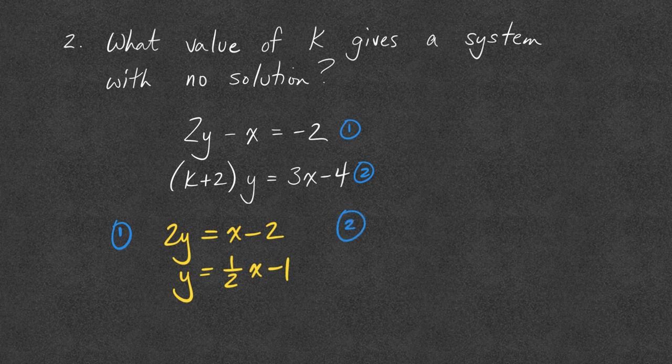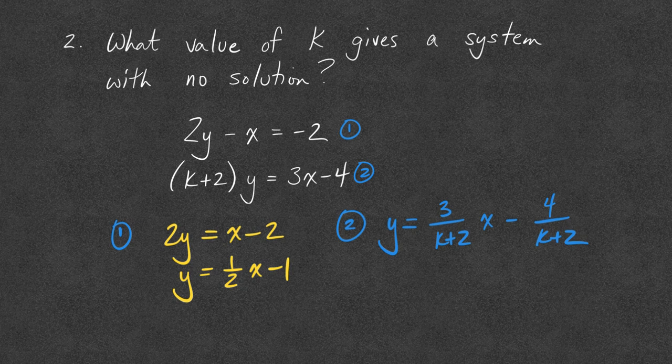Maybe then you did the same thing with equation 2. That just means that you have to divide out this weird thing of like k plus 2. Okay, there is my second equation.